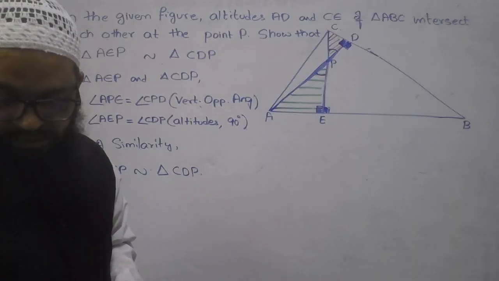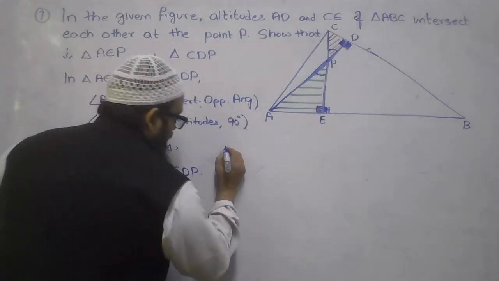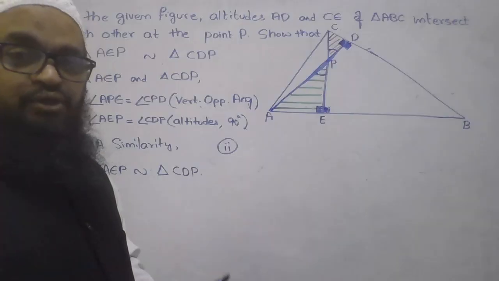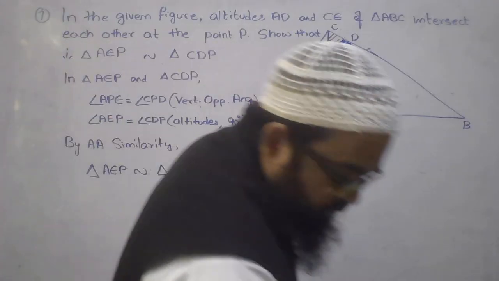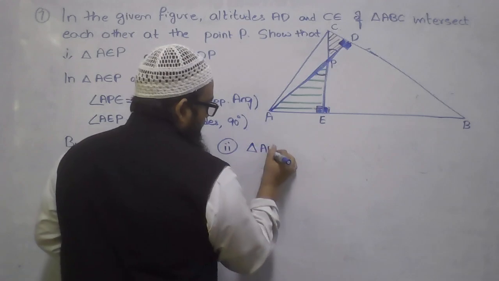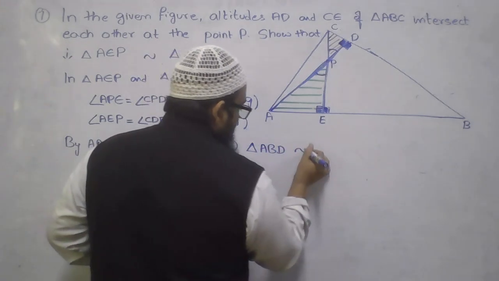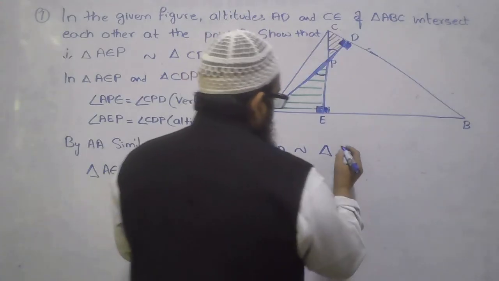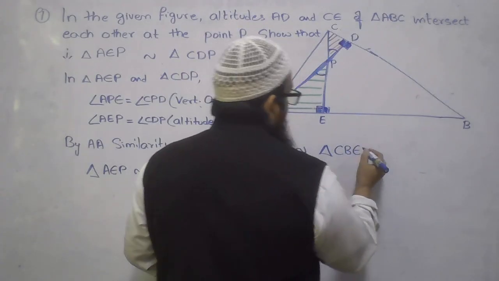Let us see what the next one is. The second one I am writing; you don't write it side by side, you write one below the other. So triangle ABD is similar to triangle CBE.